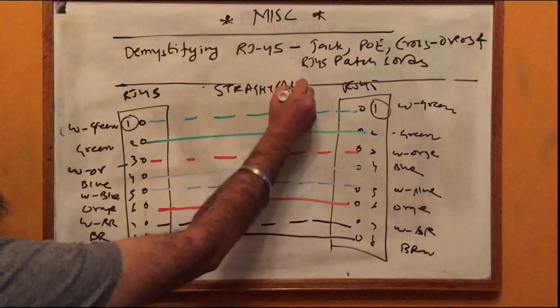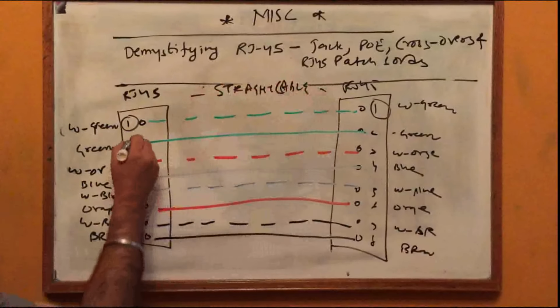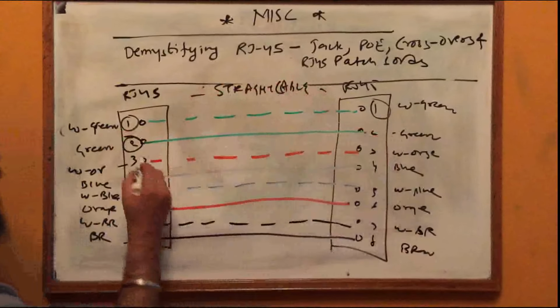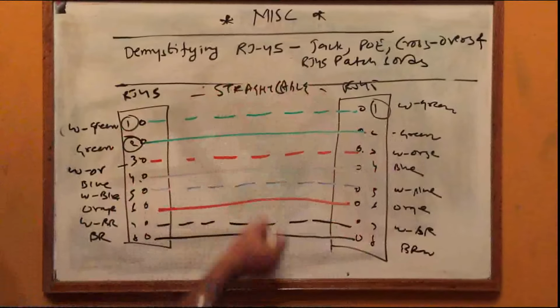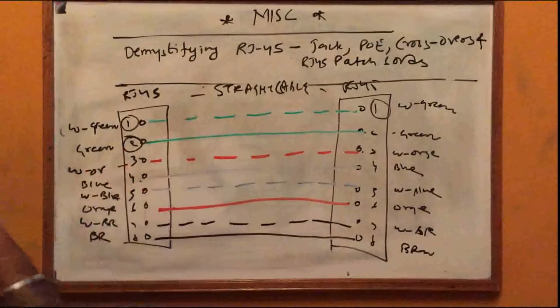Pin 2 is connected to pin 2, pin 3 to pin 3, pin 4 to pin 4, and so on through 7; they are straight connected. That's why it's called a straight cable.